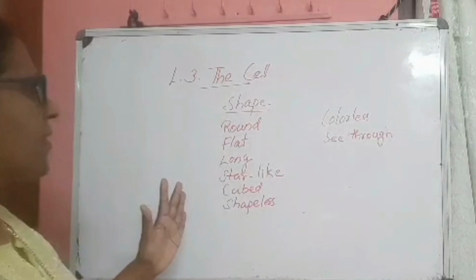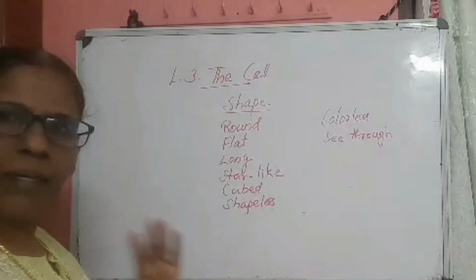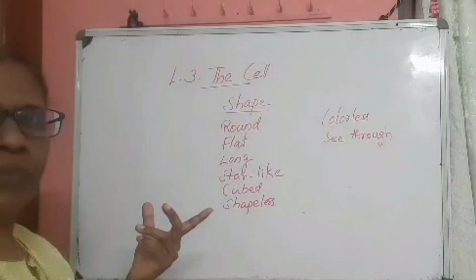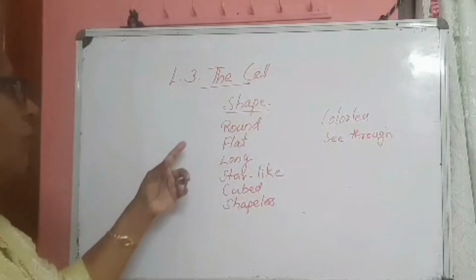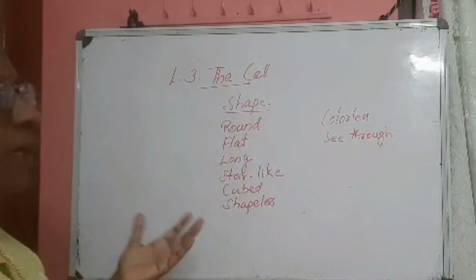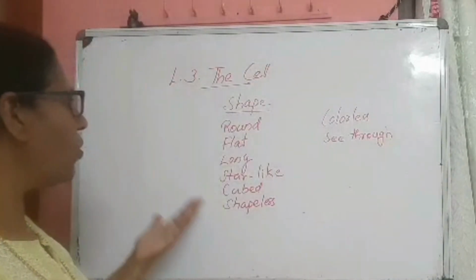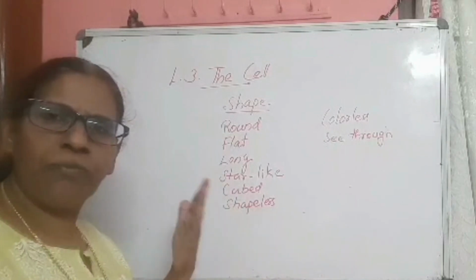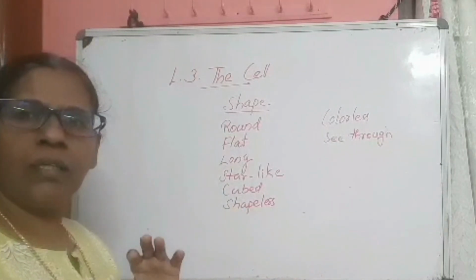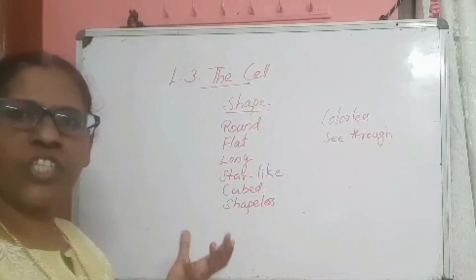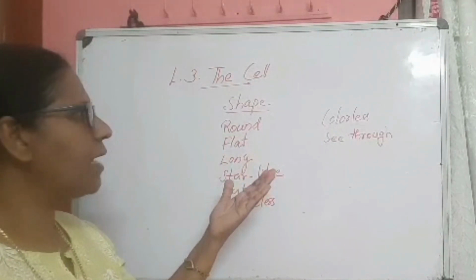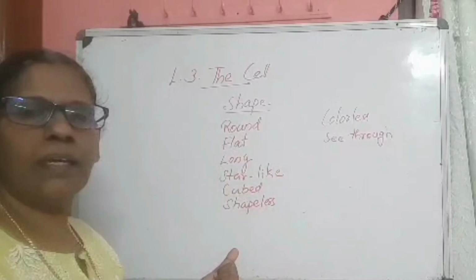And most of the cells are colorless and they are see-through.